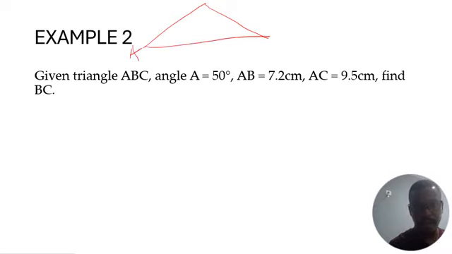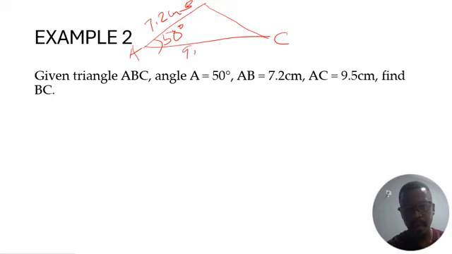So that's A, B, C. Angle A is 50 degrees, AB is 7.2 centimeters, AC is 9.5 centimeters. Find BC, which is that side.